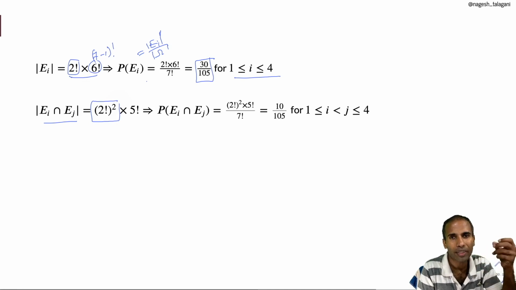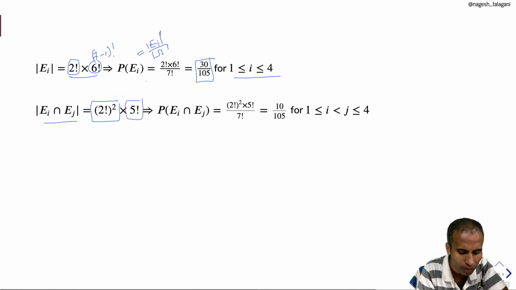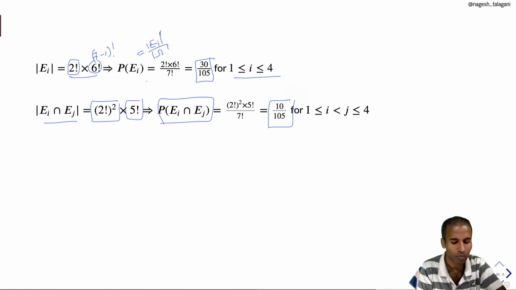Then you treat these two couples as single persons. 1 plus 1, 2, and the remaining 4 people, so a total of 6 people are arranged in circular fashion. That can be done in 5 factorial ways. That's why the probability of Ei intersection Ej is 2 factorial squared times 5 factorial by 7 factorial, which gets simplified to 10 by 105 for any 1 less than or equal to i less than j less than or equal to 4.